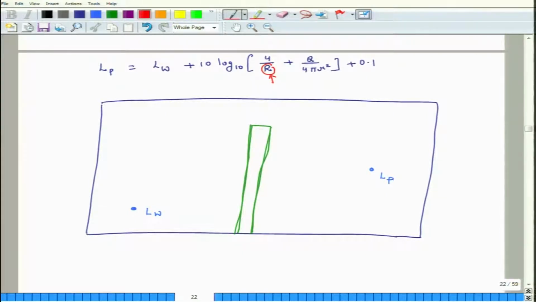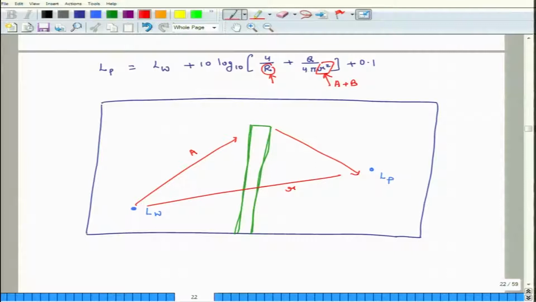The second thing which I have done is that the diffracted sound goes like this, which is distance A, and it comes like this. So, original distance was R, but now instead of R I have to replace this by A plus B, because the sound which goes directly to the listening position travels a distance of A plus B. The third thing is that not all the sound goes to the other end, but only a portion of it goes to the other end, right.